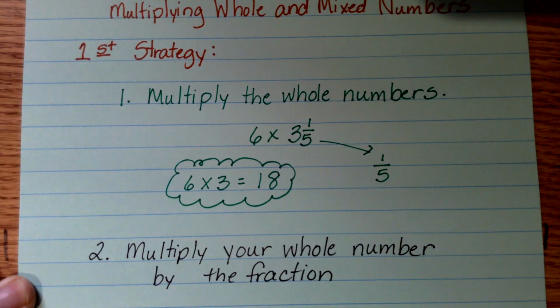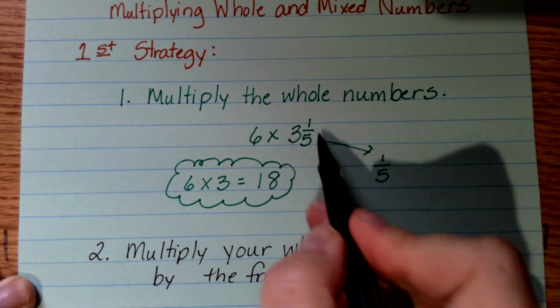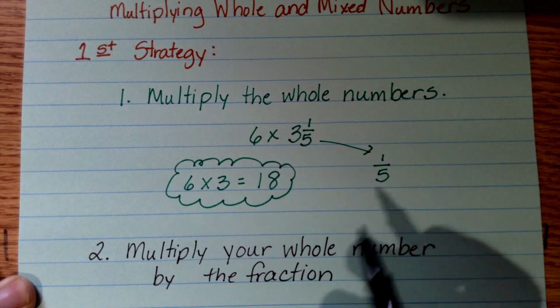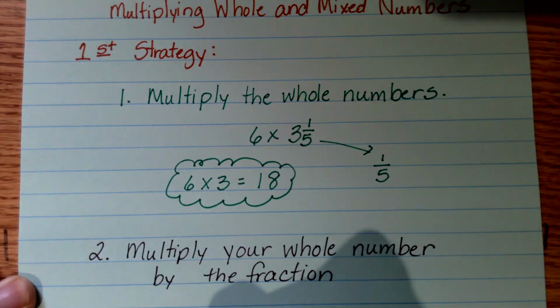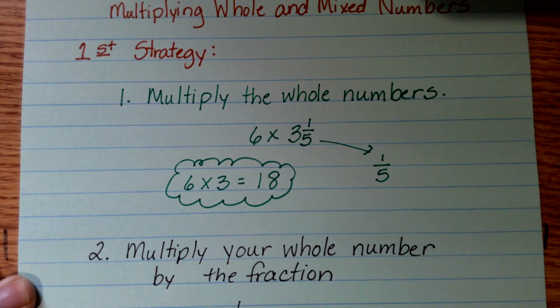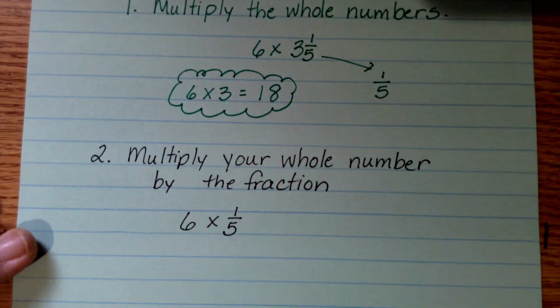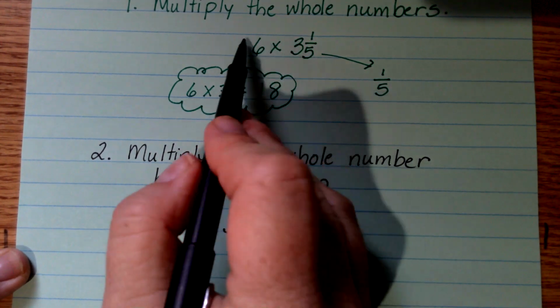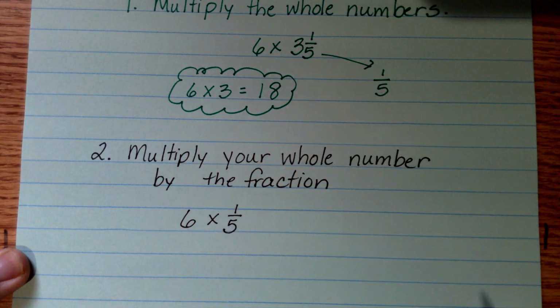So basically what we're doing is we're breaking apart 3 and 1/5. We're going to multiply 6 times 3, and now we're going to multiply 6 times 1/5. This is the distributive property of multiplication, okay? We are distributing this 6 with the 3 and with the 1/5.